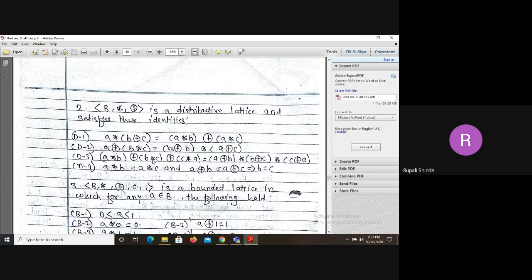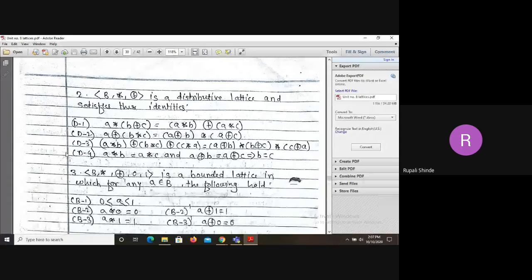Again this star will be replaced by XOR. Again this XOR will be replaced by star, and star will be replaced by XOR. So this equation becomes A XOR B star B XOR C star C XOR A. So these two equations are similar or the same.